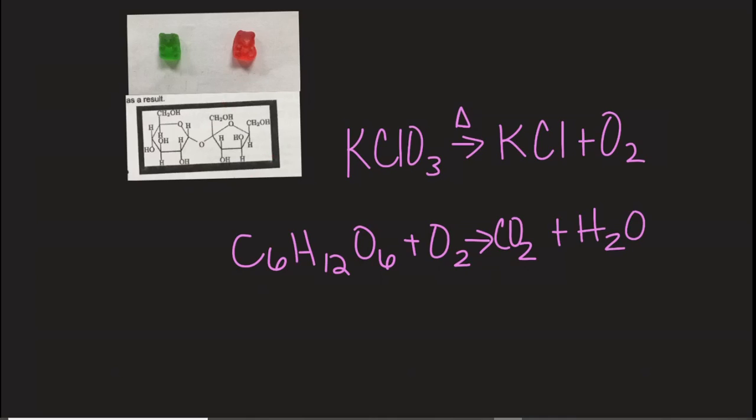Okay, and so basically what's going to happen is the glucose is going to be the part that's actually going to be contributing to this combustion. Okay, but if you think about it, all of it being a carbohydrate kind of contributes a little, right? So we're going to really focus in on the fact that glucose is combusting. Okay, glucose is combusting when it's dropped in there.